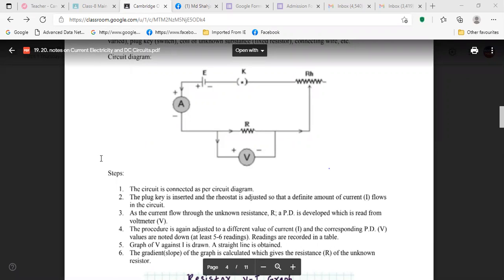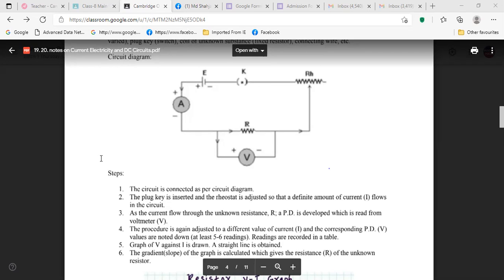Got it? Yes, sir. Variable resistor means the resistance we can vary. In short, it is called rheostat. Is it clear? Yes, sir. Okay. Thank you for your questioning.